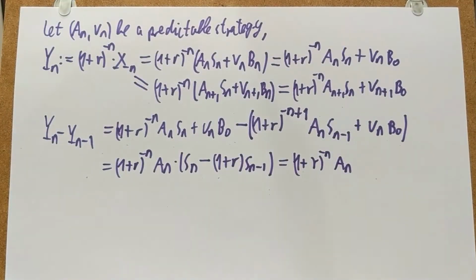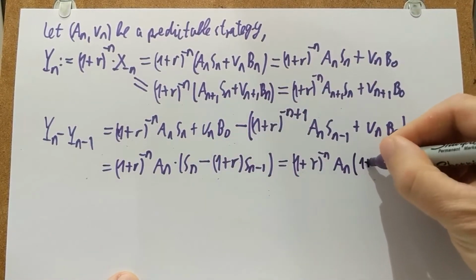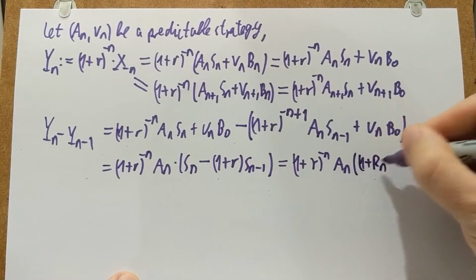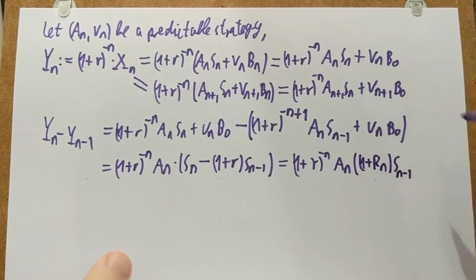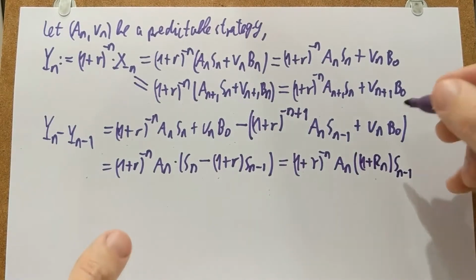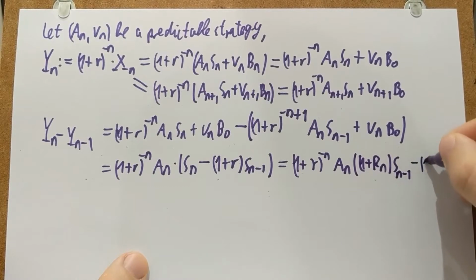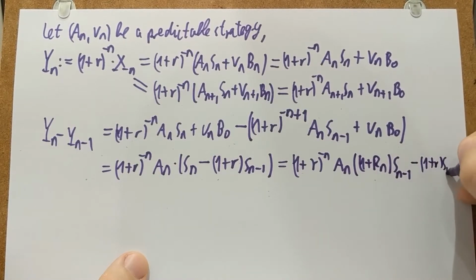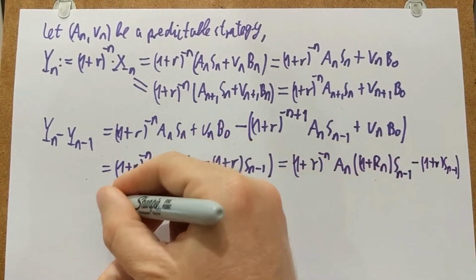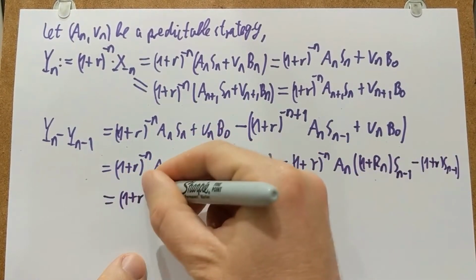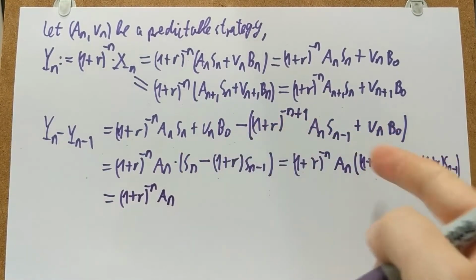So this is going to be the random rate, 1 plus Rn. This is how I get Sn from Sn minus 1, just considering the random rate from Sn minus 1, and I still have 1 plus R to the minus n, an, and then I can do the difference here.